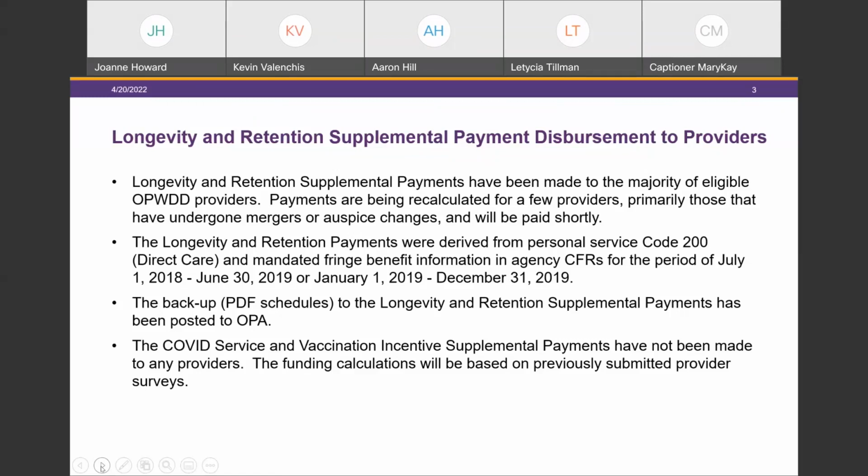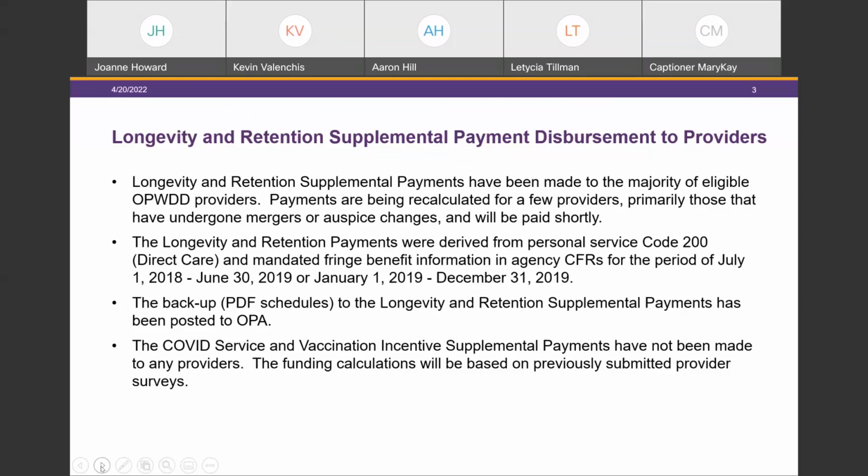The longevity and retention payments were derived from Personal Service Code 200, and that is specifically direct care on the CFR, and mandated fringe benefit information in agency CFRs for the period of July 1st, 2018 through June 30th, 2019, or January 1st, 2019 through December 31st, 2019.